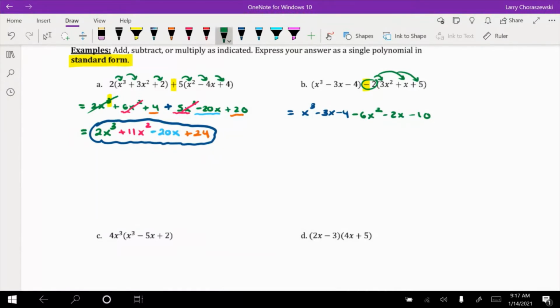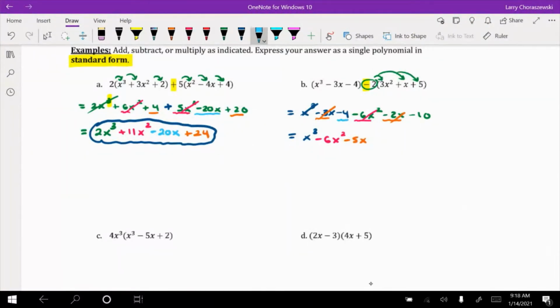All right, let's see how we did. X cubed doesn't combine with anything. There is an x squared term, negative 6x squared, which doesn't combine with anything, but it will be written next. We can combine negative 3x with negative 2x to get negative 5x.